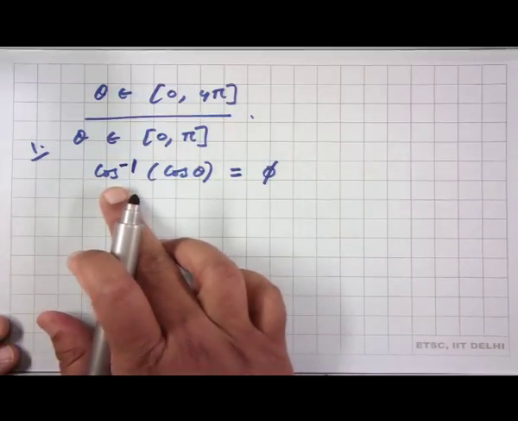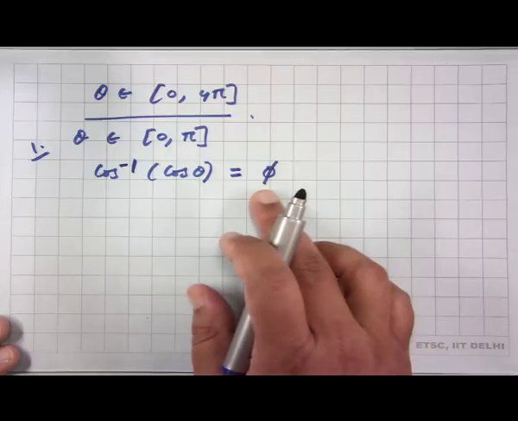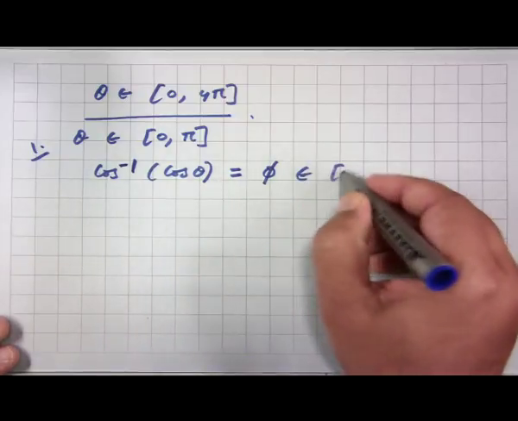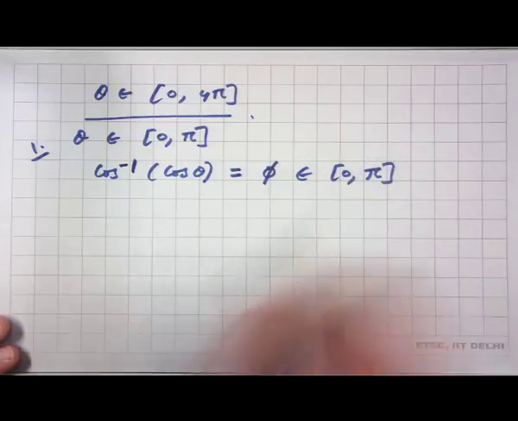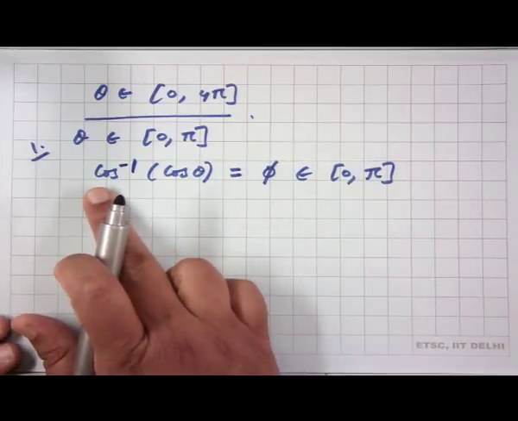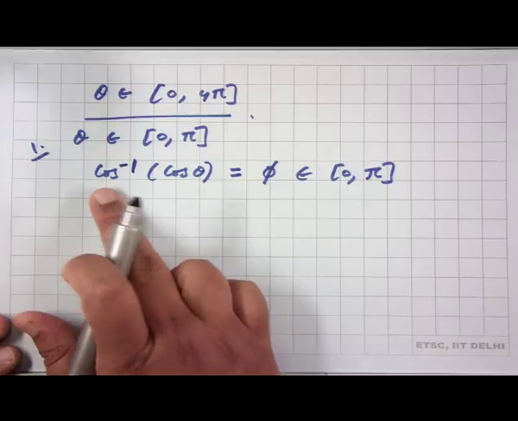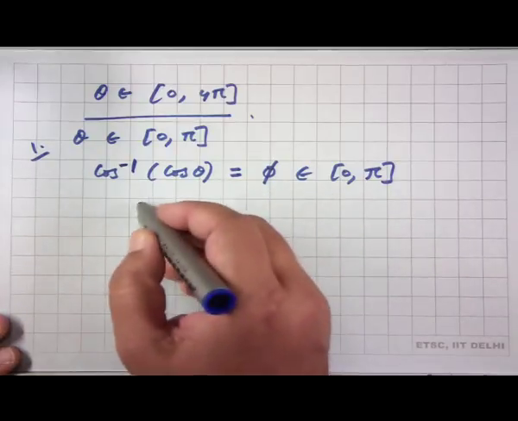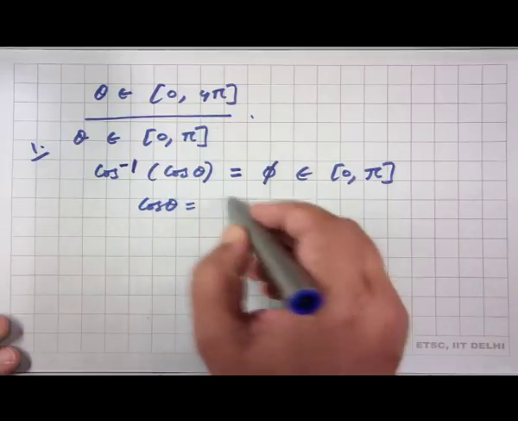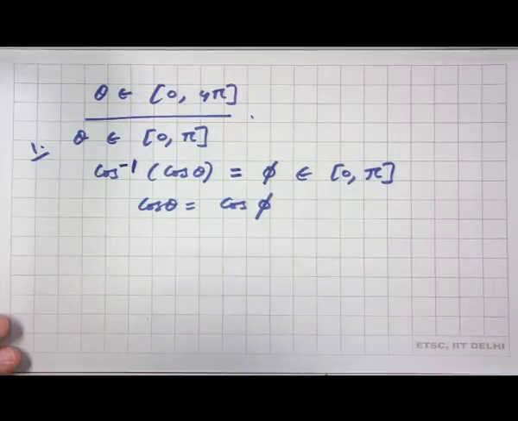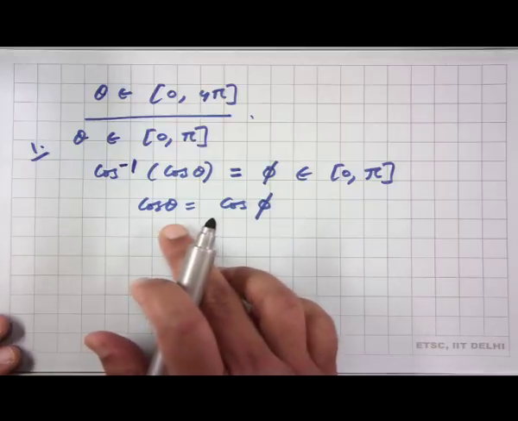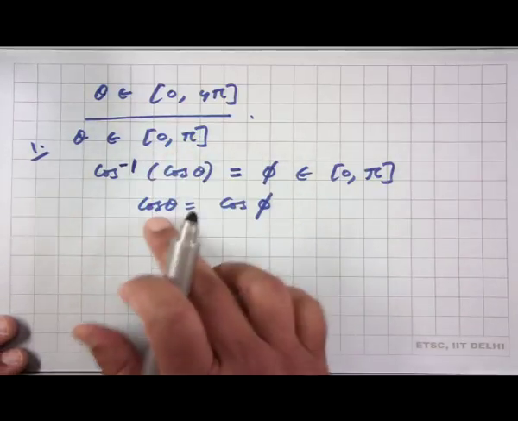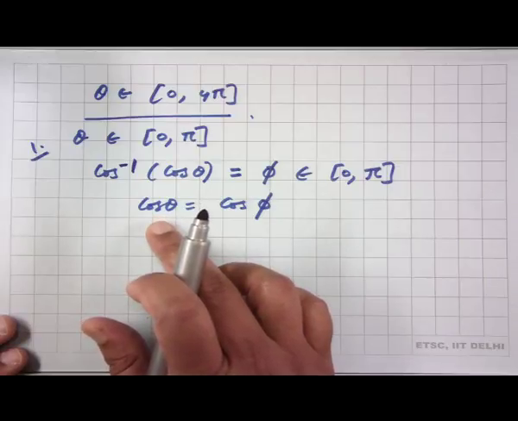From the range of the cos inverse function, it is clear that phi has to belong to the closed interval 0 to pi. Also, by applying the cos function on both sides, what we get is cos theta is equal to cos phi.